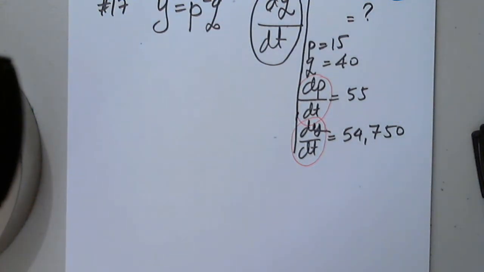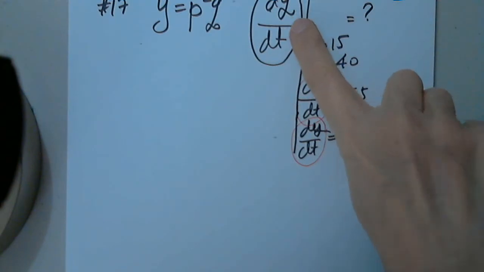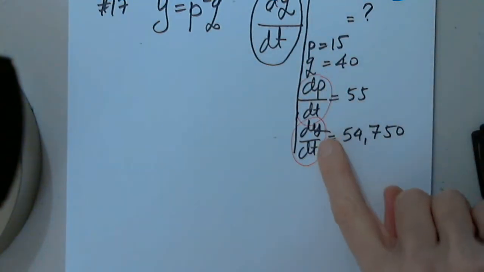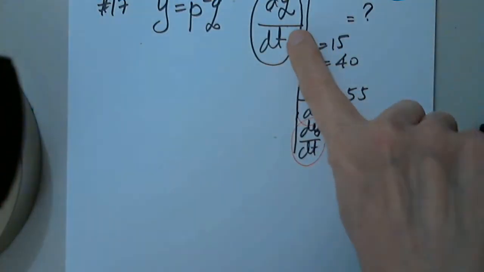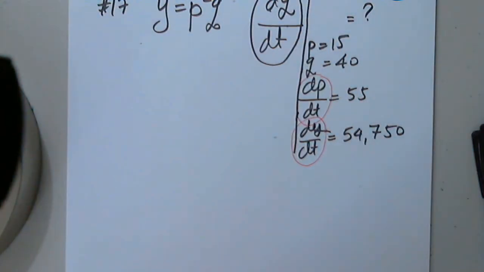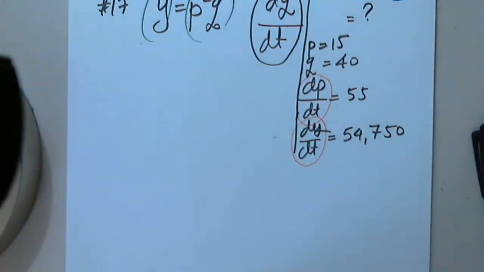Anyone? It's okay if you're wrong. So p is a function of t. Excellent. y is a function of t. Of course. And q is a function of t as well. Perfect. Okay. Excellent. So now we have to differentiate both sides.